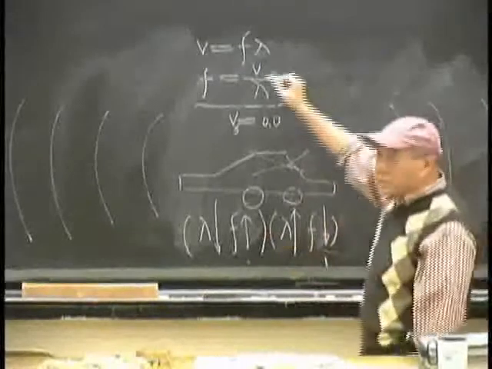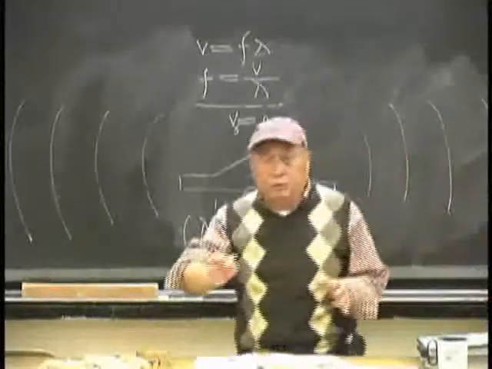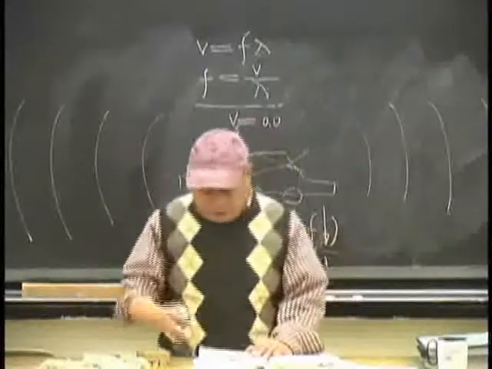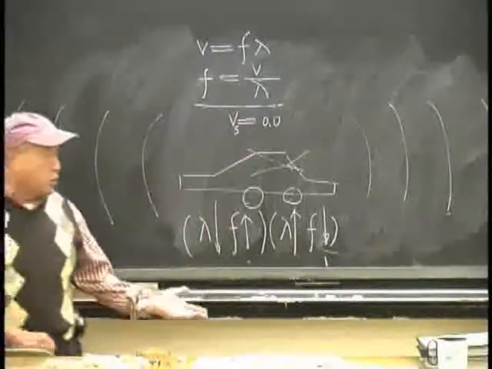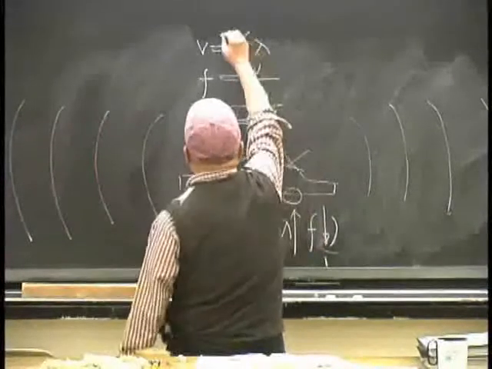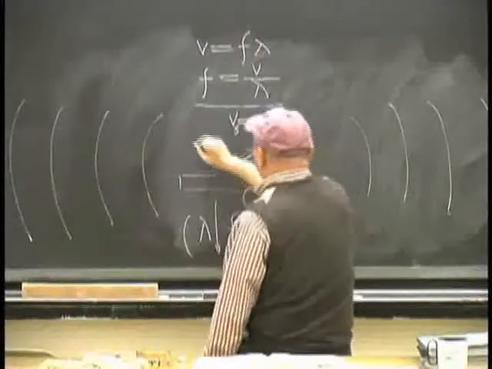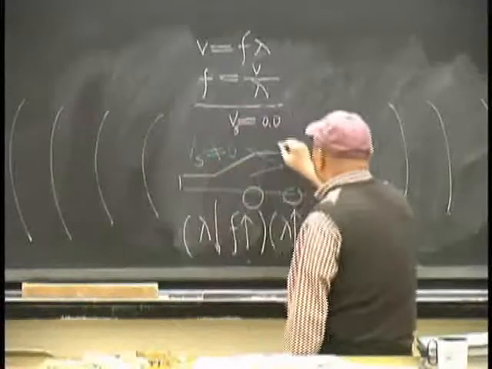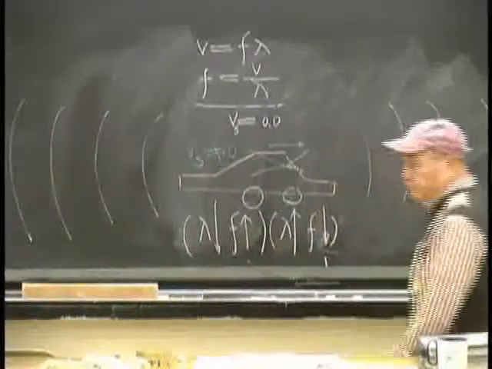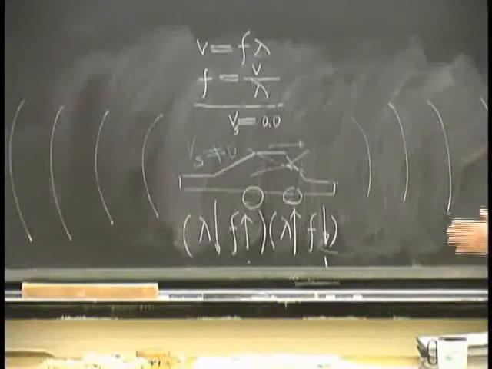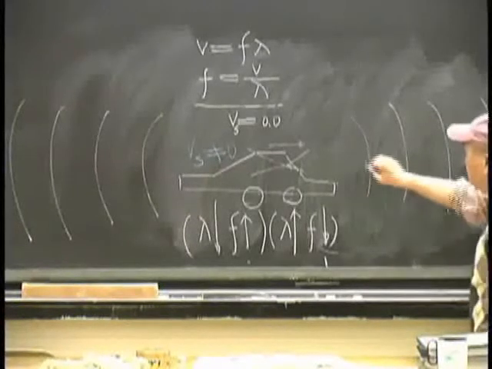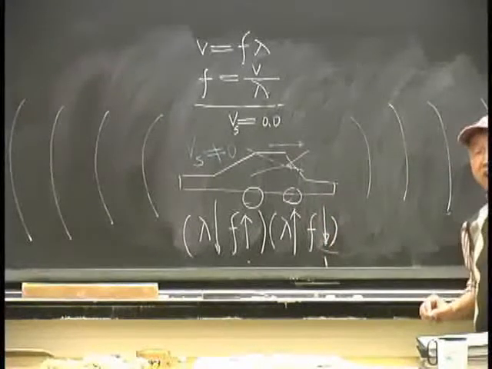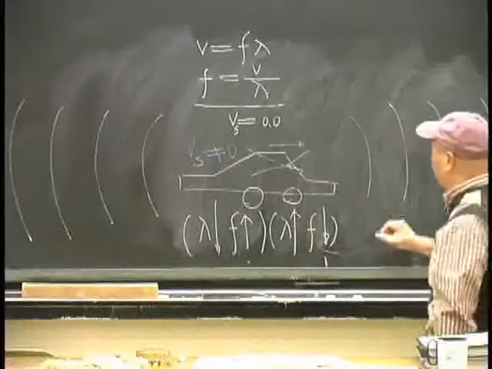This is simple logic. You don't even have to go into the derivation. Now the velocity of the source is not equal to 0, and in this case the source moves forward. When the sound wave moves forward, it has an effect called compression of the wave.